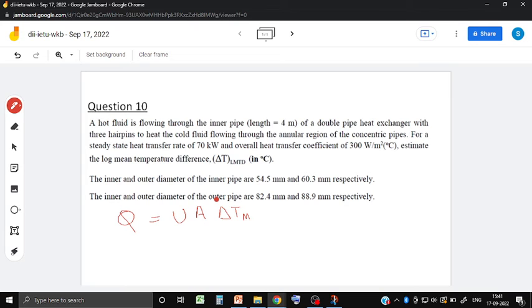Actually the heat transfer is taking place between this surface and this surface, the inner tube and the outer tube. So we need to take DIO, that is the outer diameter of the inner pipe. Outer diameter of the inner pipe should be taken for calculation of area.